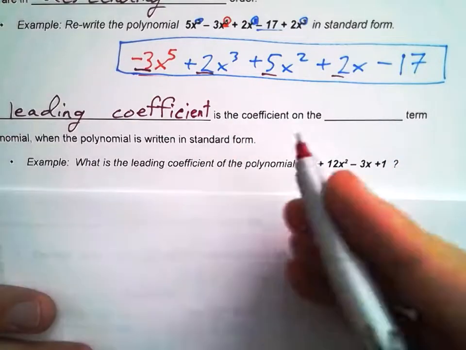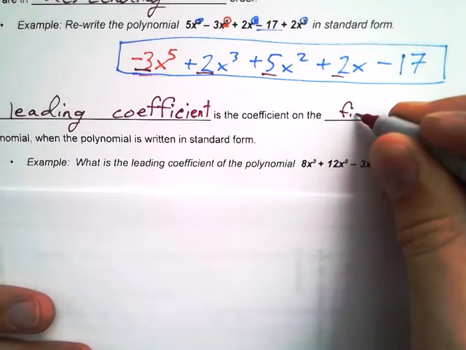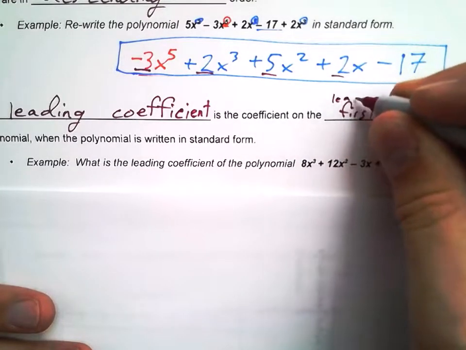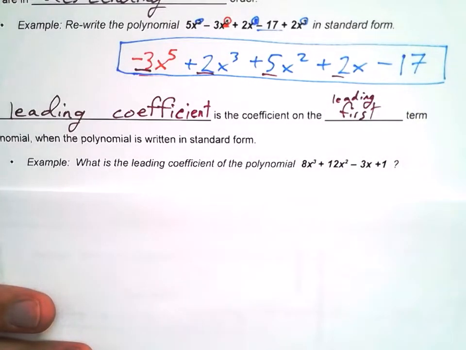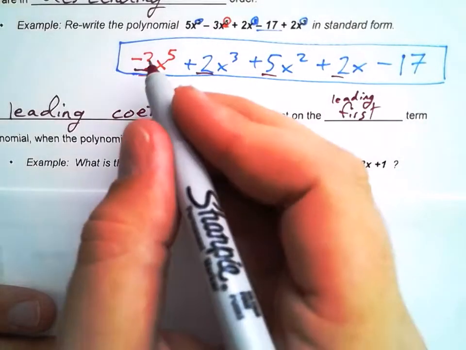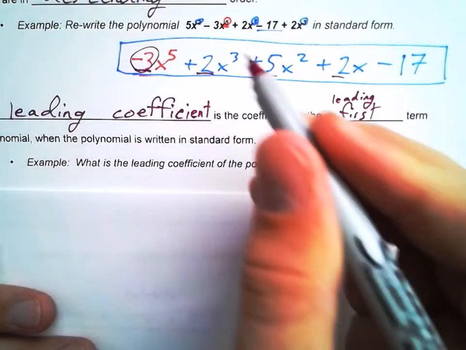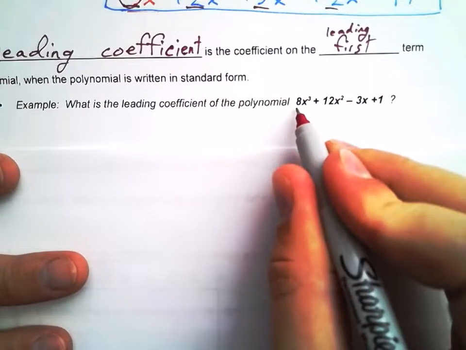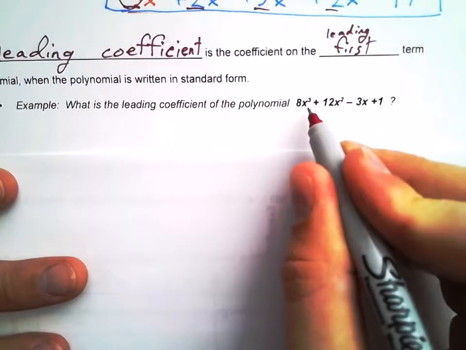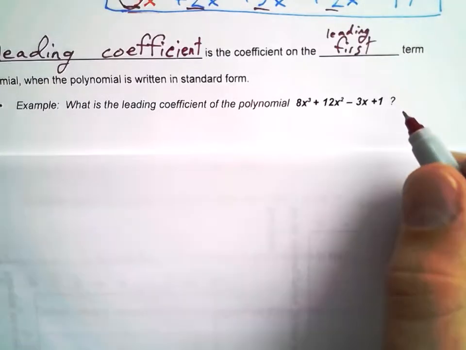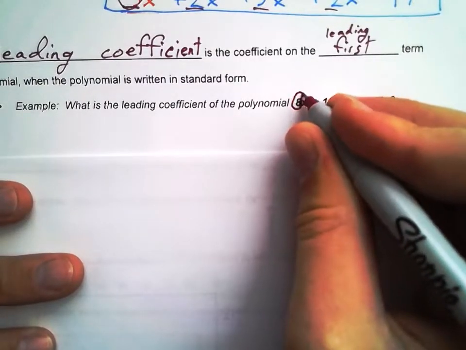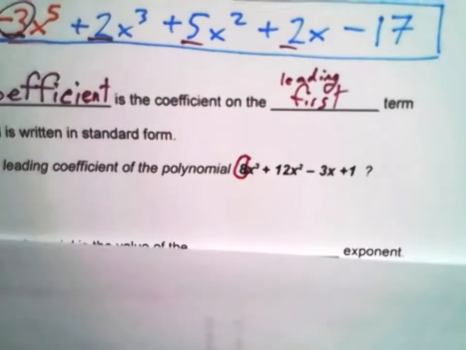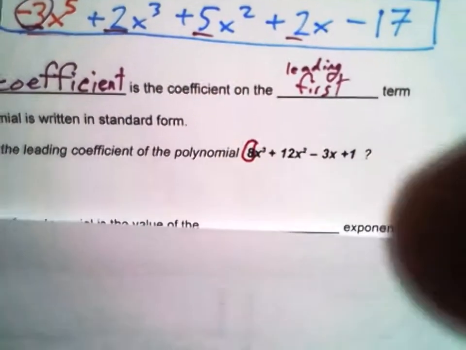So the leading coefficient is the one on the first term, or you could also say the leading term. So this one up here would be the negative 3. This one down here, first we'll check that it's written in standard form, biggest power to smallest. Yep, so just circle that first coefficient there, the 8. Okay.